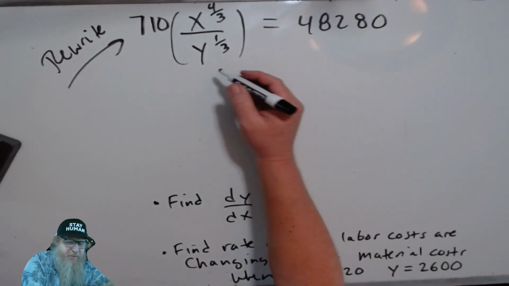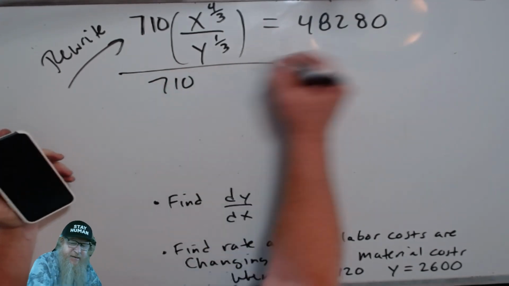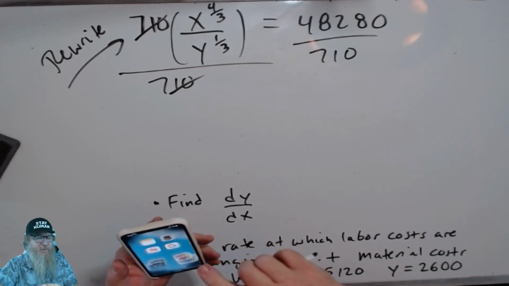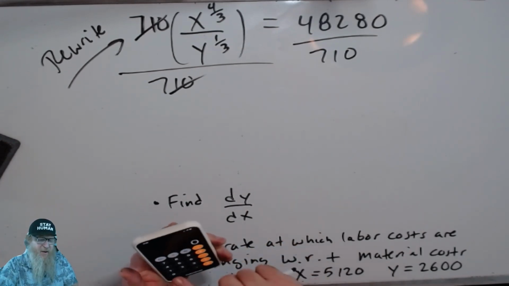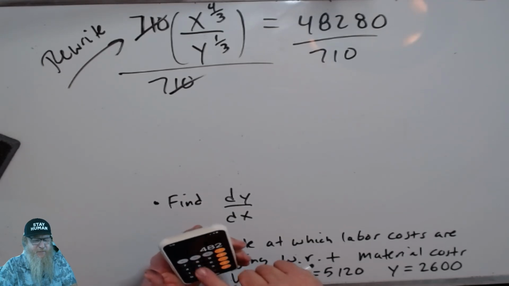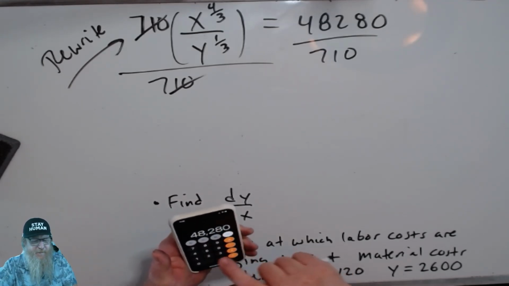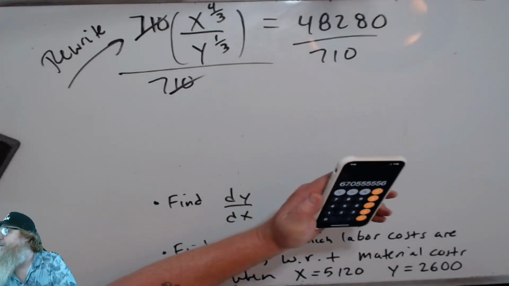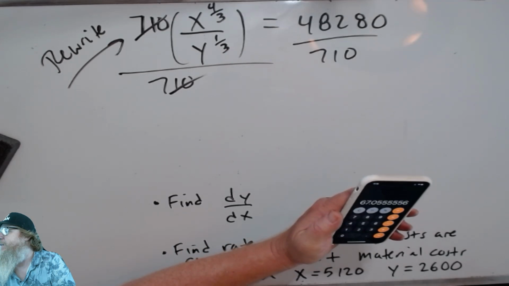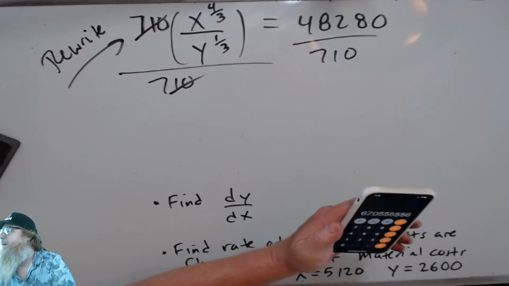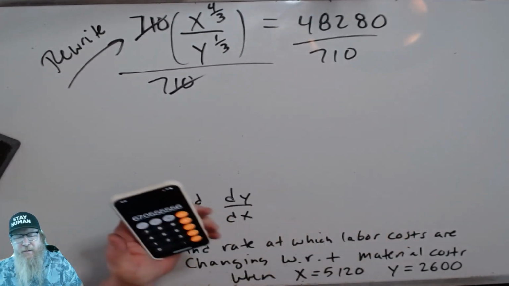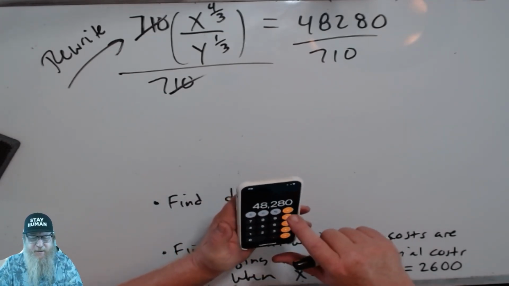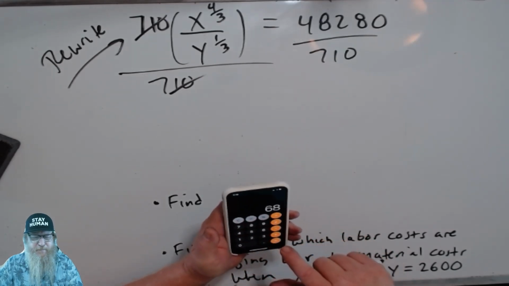Let's divide both sides by 710 and hope I don't get a decimal. If you do, so what? It's an application problem. You can handle decimals. 48,280 divided by 710. Let me try that again. 48,280 divided by 710. Oh, good.